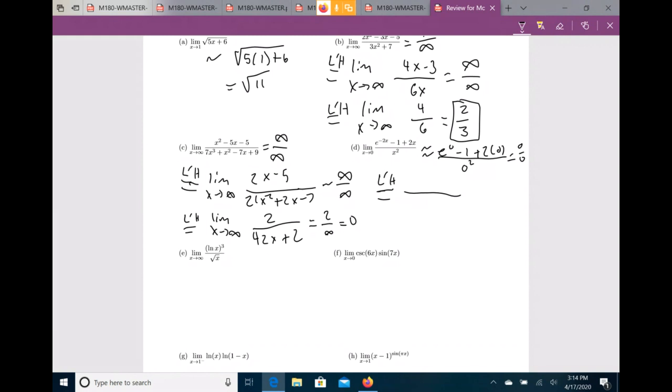So the derivative of negative 2x is negative 2, and then we still have e to the negative 2x. For the rest of the numerator, the derivative of negative 1 is 0, the derivative of 2x will be plus 2, and the derivative of x squared is 2x.